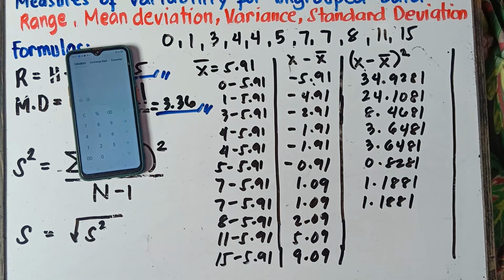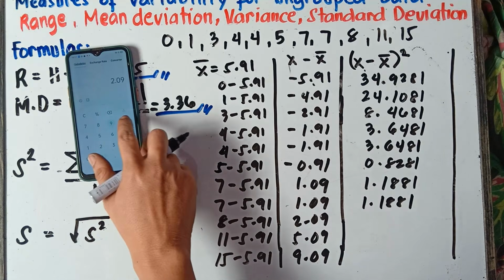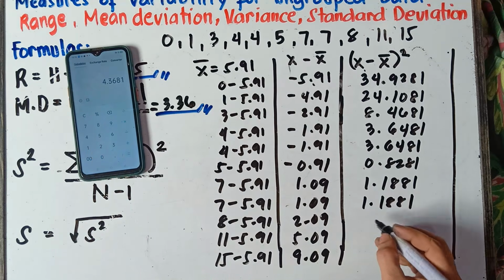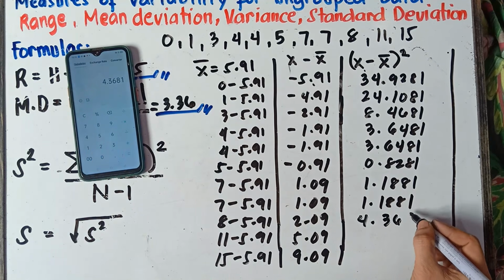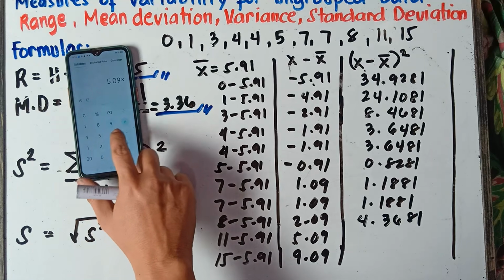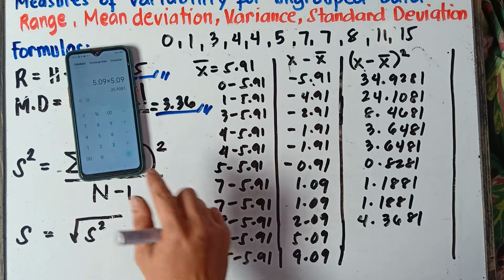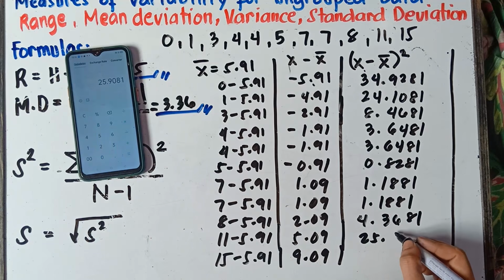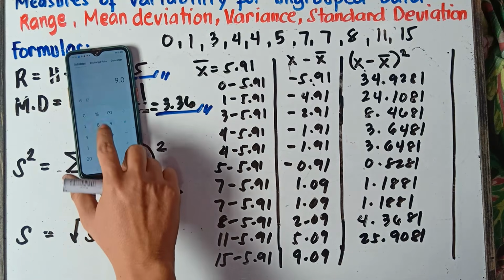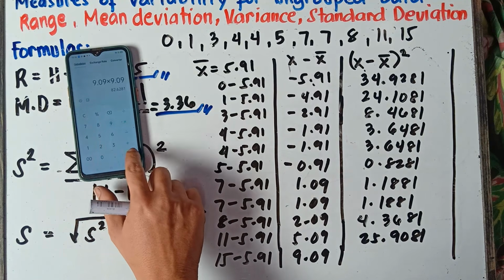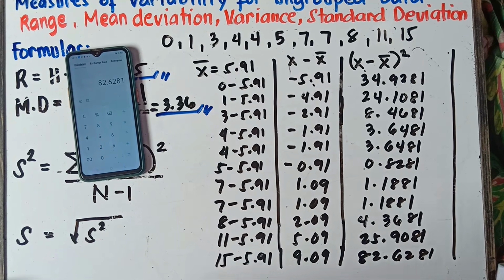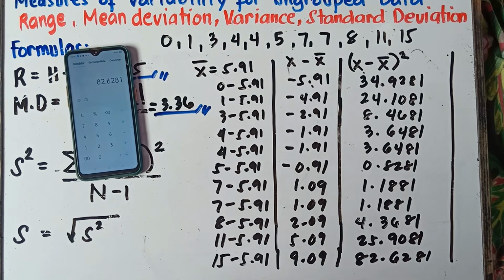Alright, and then 2.09 times 2.09. The answer is 4.3681. Alright, and then 5.09 times 5.09. The answer is 25.9081. Last one, 9.09 times 9.09. The answer, class, is 82.6281.